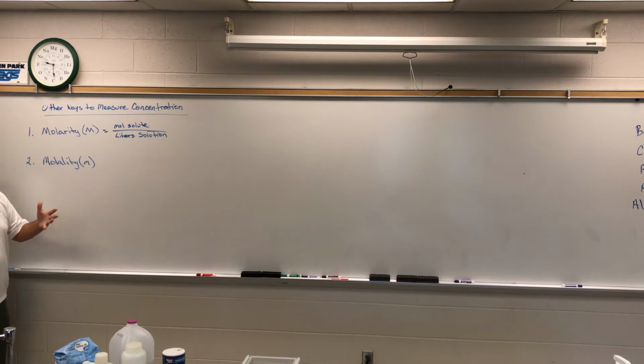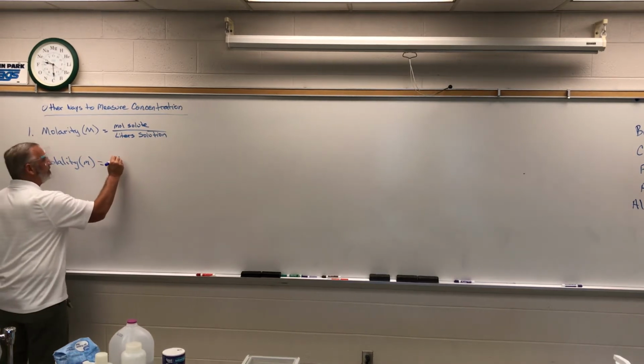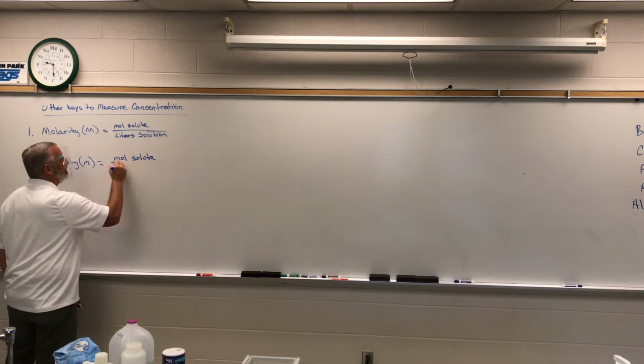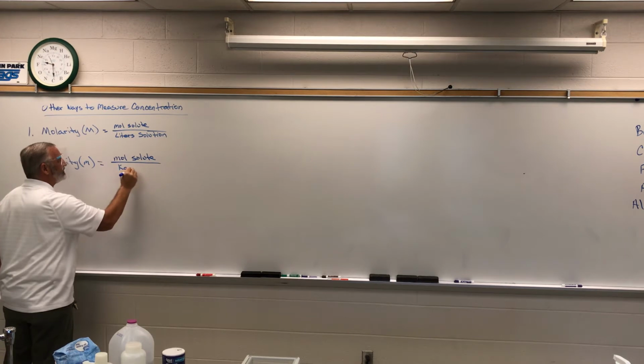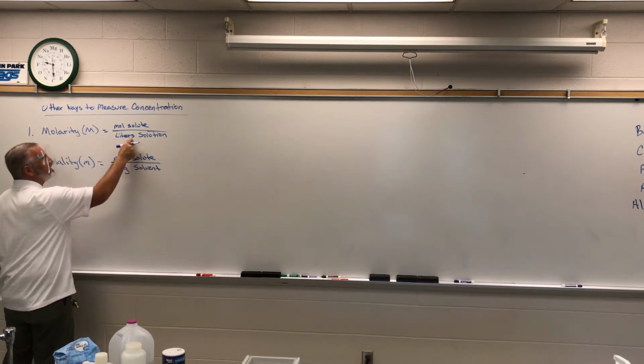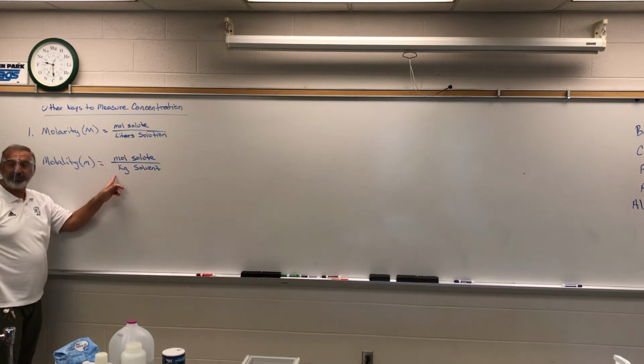There's that equation. It's going to be moles of solute, just like molarity, but this is going to be kilograms of solvent. So this is the total volume of the solution for molarity, where for molality we just change and do kilograms of solvent. So you have to know exactly how much water or whatever you're going to add to it in terms of mass. Okay?